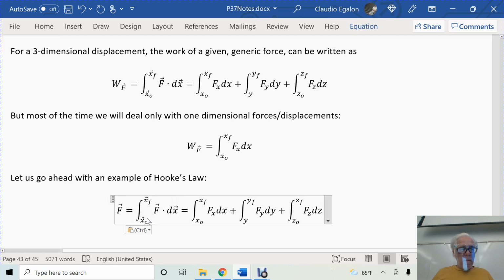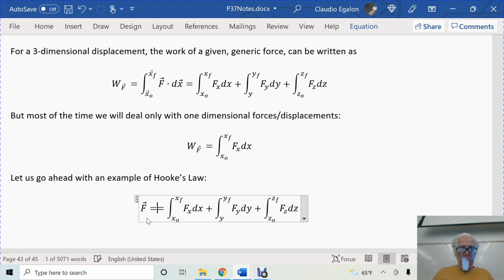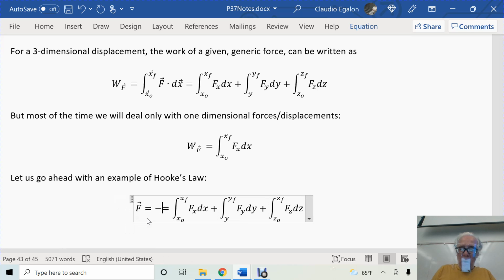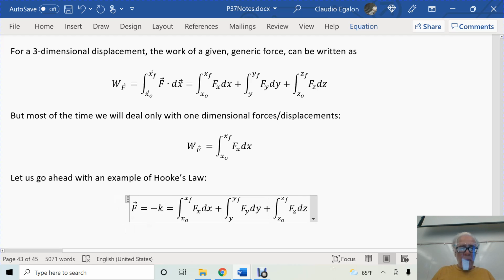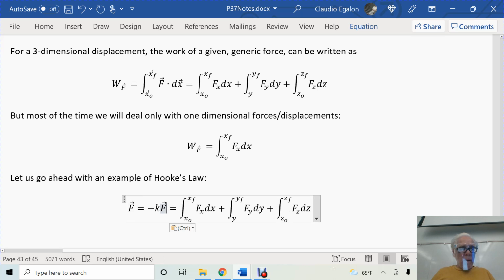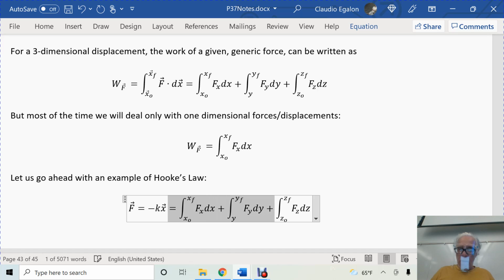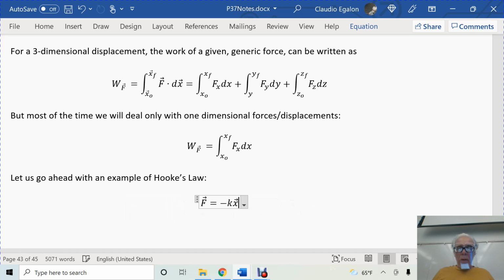Okay. A very important law. You folks are going to work with that over and over again. And I'm going to do just the one-dimensional case. I'm going to write it down as a vector, like that. It has a minus sign here.